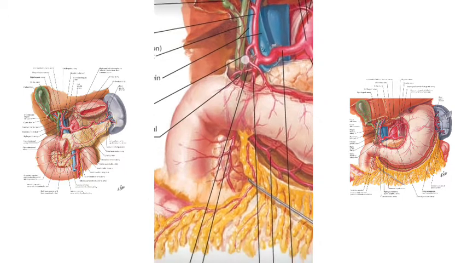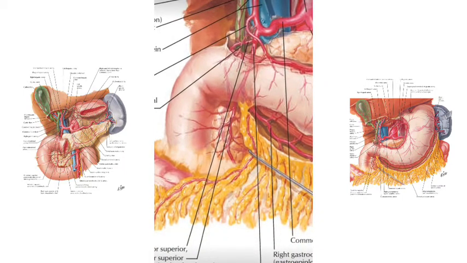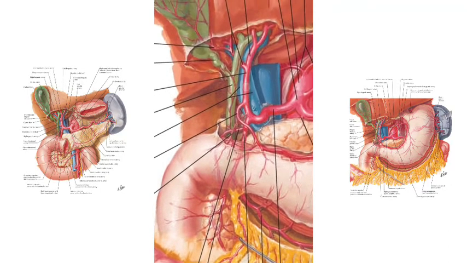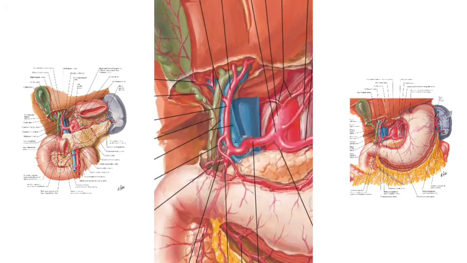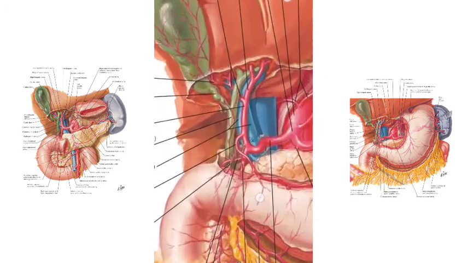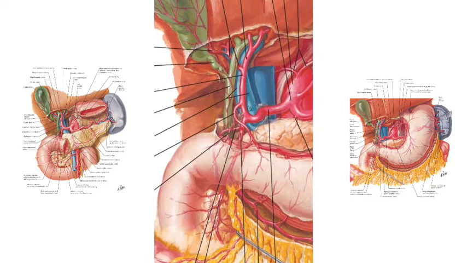Now, when you trace downwards, this is the retroduodenal part of the common bile duct. Here also the portal vein comes, not exactly posterior, but still the portal vein comes as a posterior relation, and the left relation will change.